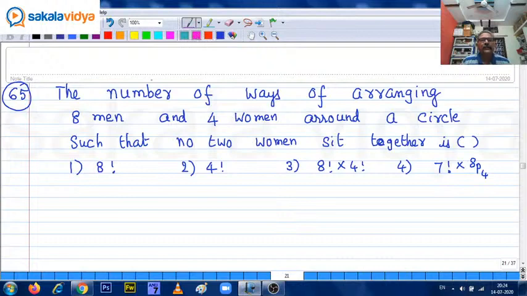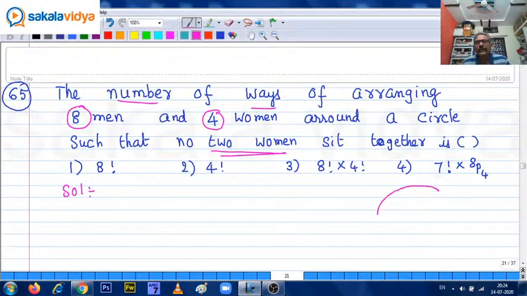So that means the number of ways of arranging 8 men, 4 women around a circle, no 2 women. There is a condition on the women but not on men. First 8 men can be arranged. Directly we can write the solution. So this is a circle.